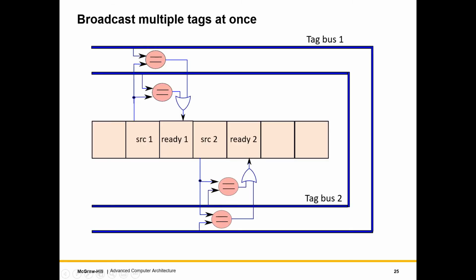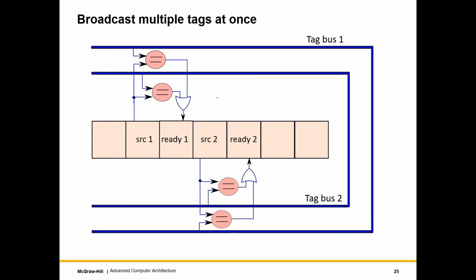Let us now consider the case where we have multiple tag buses. So recall that if we have a multi-issue processor where we send multiple instructions to the execution units every cycle, so multiple producer instructions will become ready every cycle, and they will broadcast their tags.